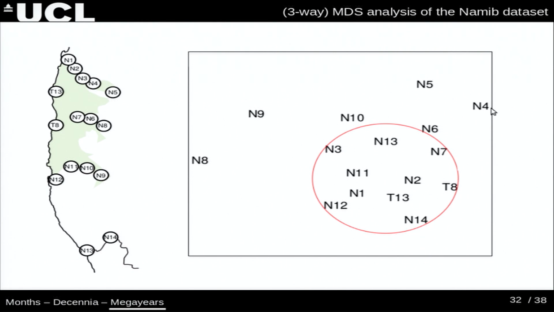Sand inland, N4, N5, N9, N8, have a small contribution from these ephemeral rivers draining from the escarpment. So from this analysis, we can tell that the sand comes from the Orange River, then moves up north, enters the Namib Sand Sea, and then continues to travel towards the north, being buried by sand dunes, re-exposed, and gradually making its way towards the north.